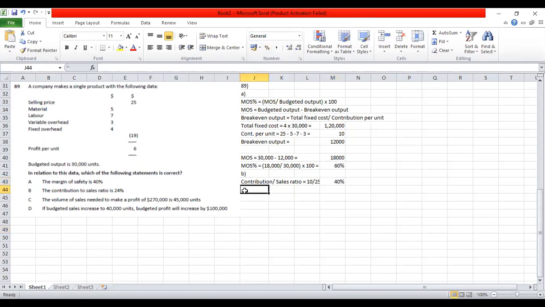Then coming to C. C says the volume of sales needed to make a profit of 270,000 is 45,000. So let's see. Desired sales is equal to fixed cost plus profit divided by contribution per unit.